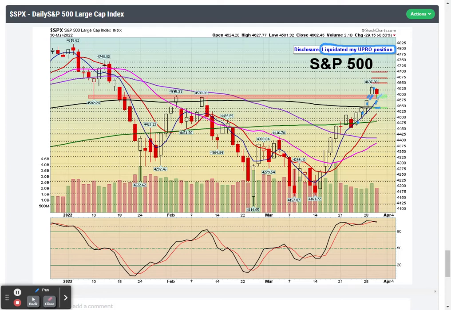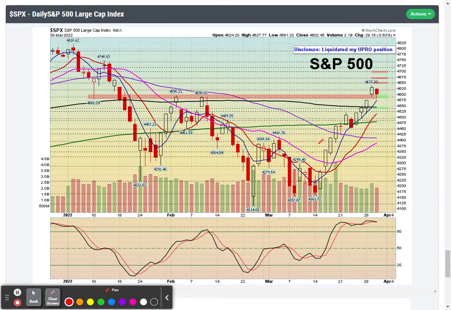For instance, if today's candle was a big magnitude red candle and it closed down here below the 5-day moving average, then this chart would have looked a lot different and it would have been a very bearish price action, a reversal candle, and in that case it would have made sense to consider shorting. But for now, I think it was a consolidation day and no reason to short.